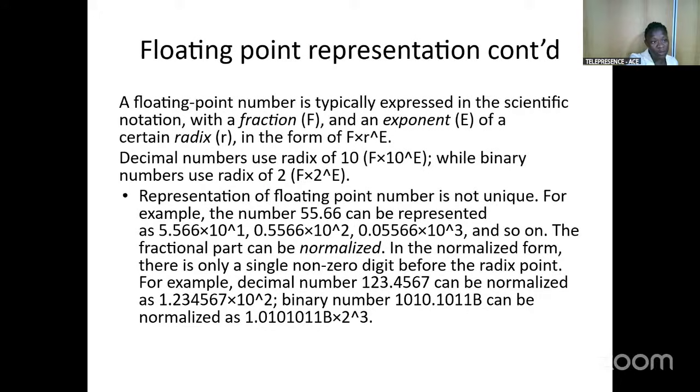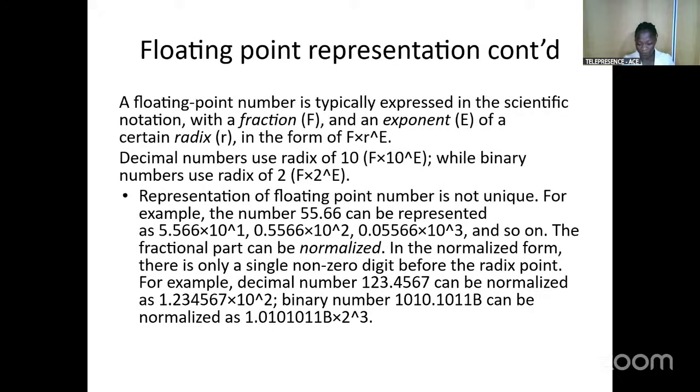That's your first attendance for today. So back to what we were saying. The fractional parts can be normalized, just as I've said, in order to have a more robust number. In the normalized form, there is only one single non-zero digit before the radix point.